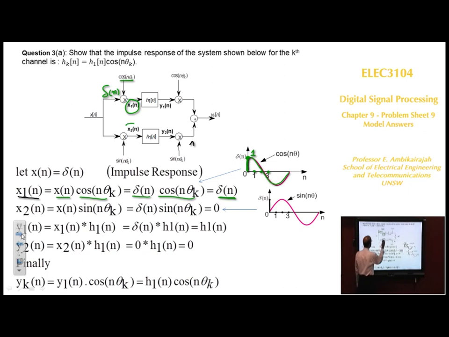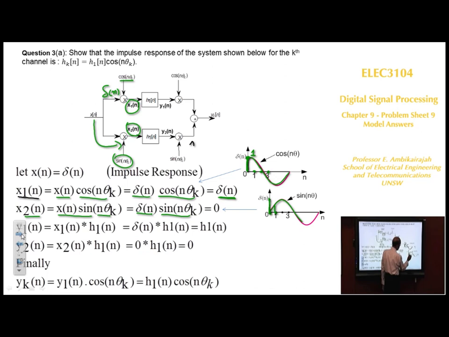And if you calculate x2(n), which is delta n multiplied by sine, if you look at the sine curve, sine is 0 at that position. So that multiplied by that will be 0. That's gone.